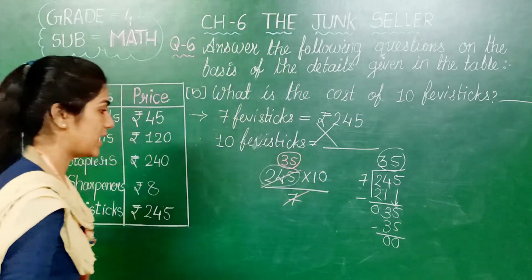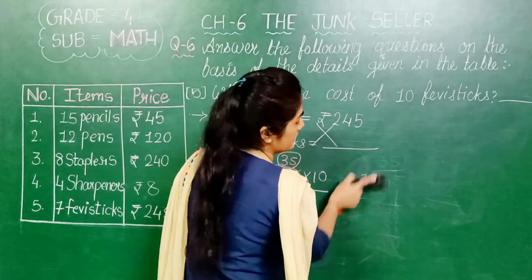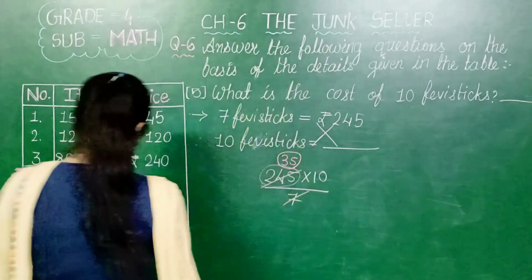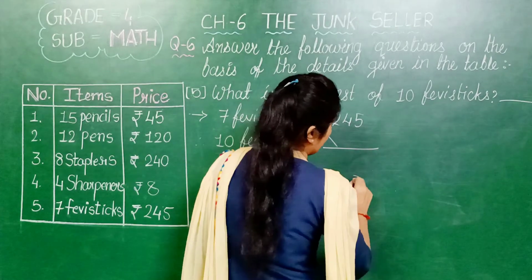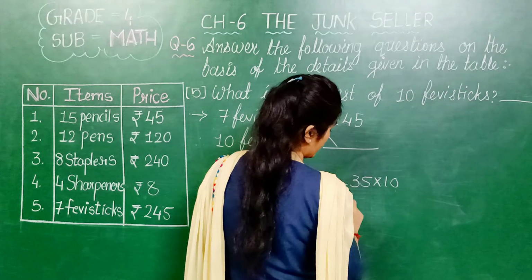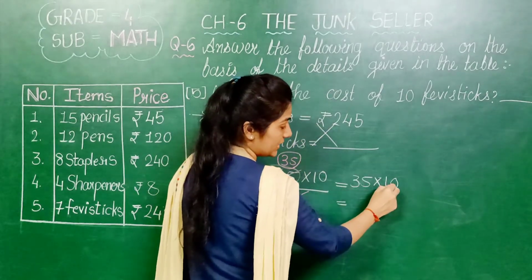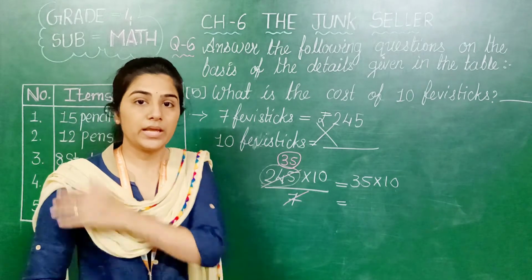Now two numbers are remaining with us, which are 35 and 10. So 35 multiplied by 10. Multiplications are very easy, so directly also you can do. See, as you know, 10 tens are 100 like this, right?